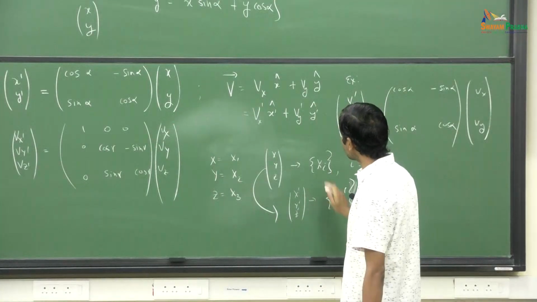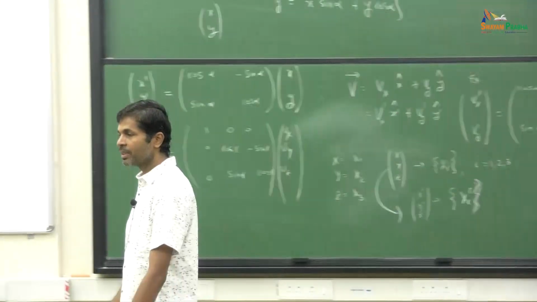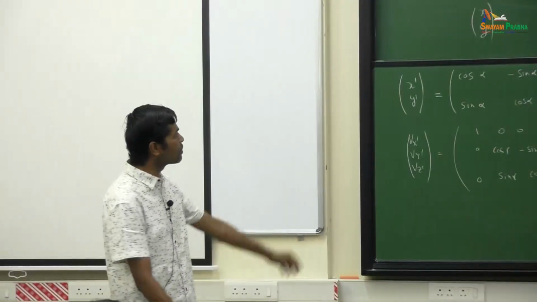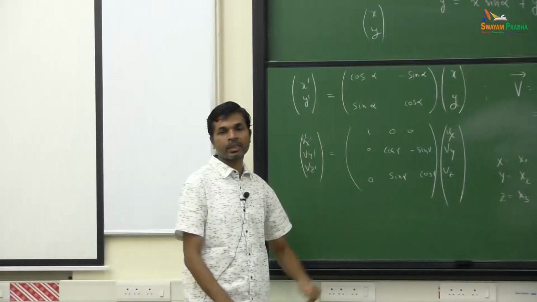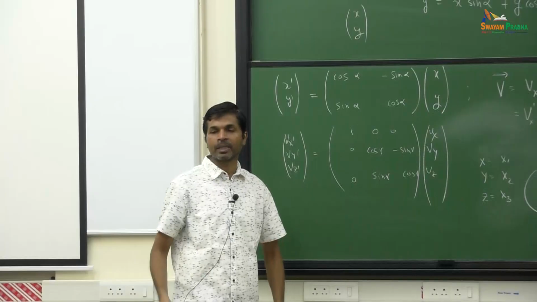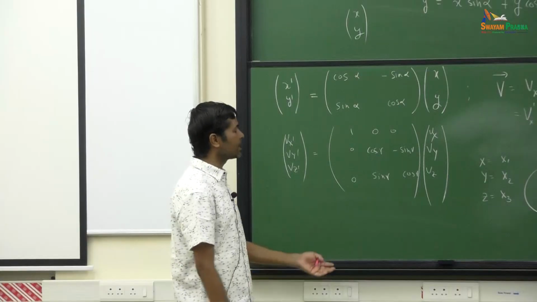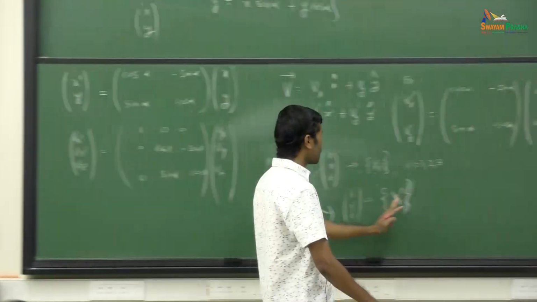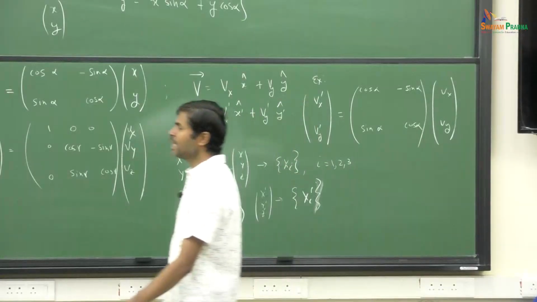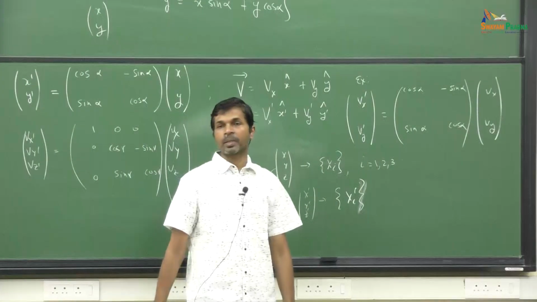And they are related to each other. How are they related? We don't know exactly how they are related. It's slightly more complicated. It's simple if I rotate about the x-axis or y-axis or z-axis. But as you are saying, if you consider an arbitrary direction, it is not that simple. But what is important is that no matter what it is, this is a linear transformation, in the sense that x prime, y prime, z prime will all be linear combinations of x, y, z.